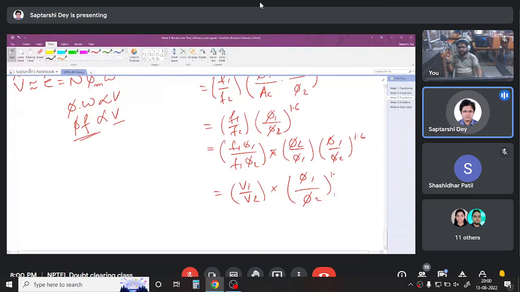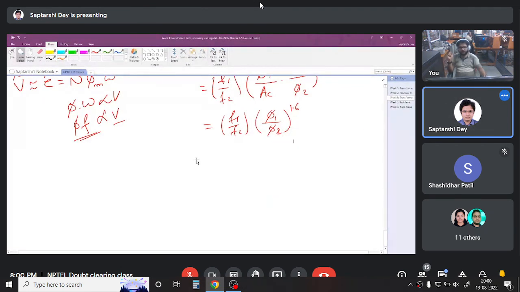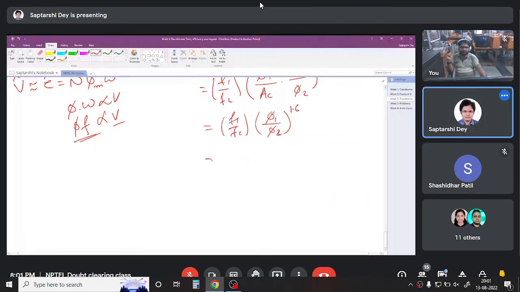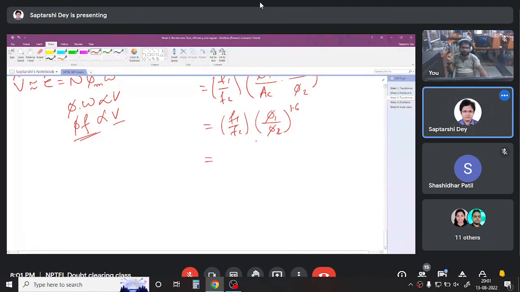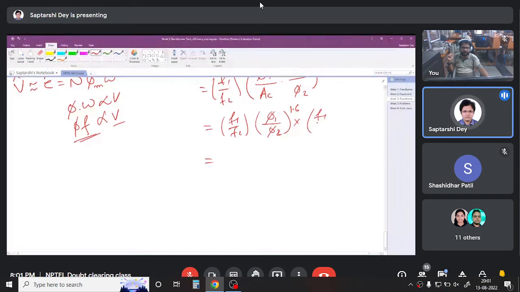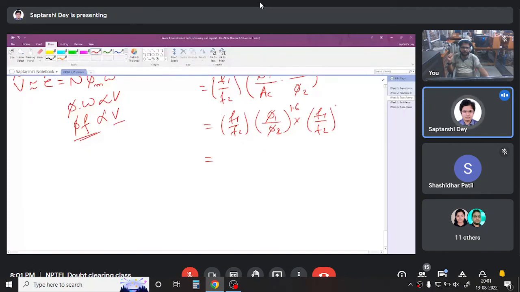No, let us not do it like this. We don't have phi value. We have f value. So let us do it the other way around. Let us multiply with f1 by f2 to the power 1.6 and balance it with f2 by f1 to the power 1.6.